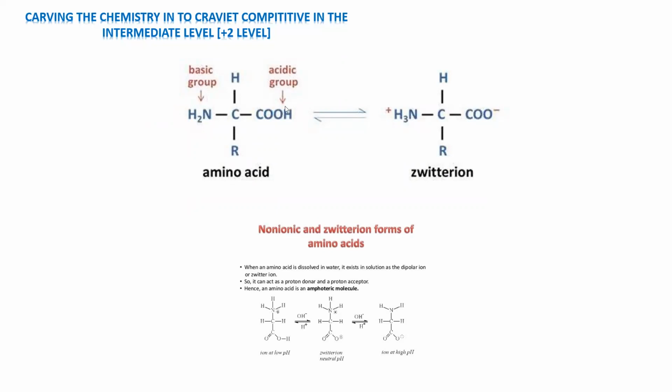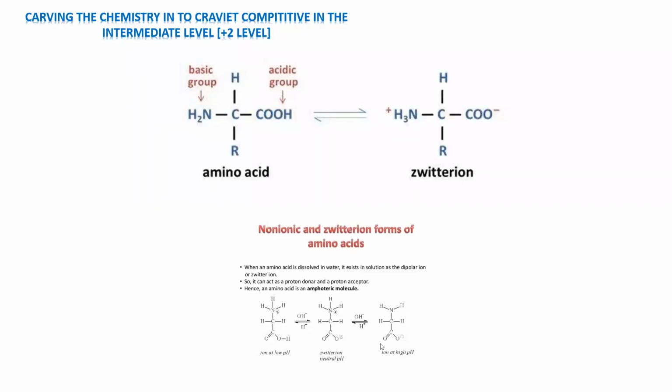Whenever an amino acid is added to water, the natural tendency of the acid is to lose H plus and the natural tendency of the base is to accept H plus, so you get NH3 positive and COO negative. Existence of a single compound in a dipolar form in aqueous solution is called a Zwitter ion.